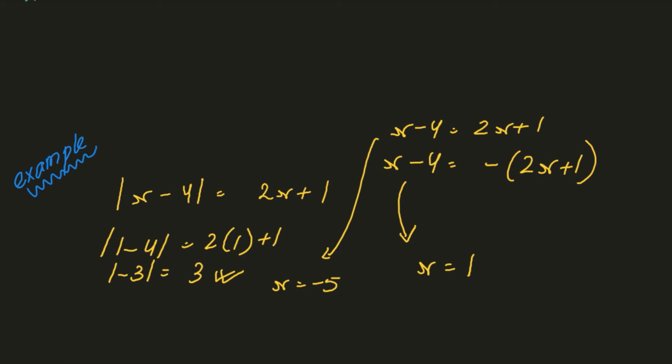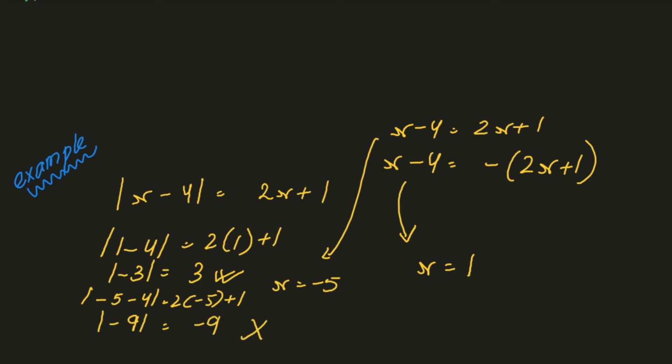The modulus of minus 3 is going to be 3, because basically the modulus is always positive, and even if you input something that's negative inside it, it's going to give you a positive value outside. So let's input minus 5. The modulus of minus 5 minus 4 is equal to 2 times minus 5 plus 1. So modulus of minus 9 is equal to minus 9.